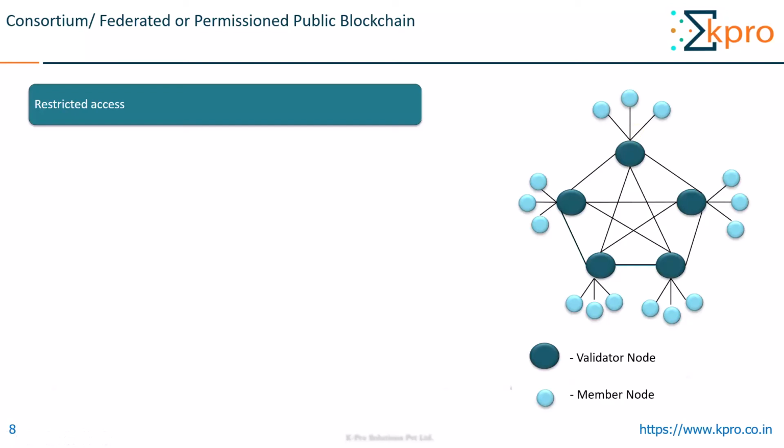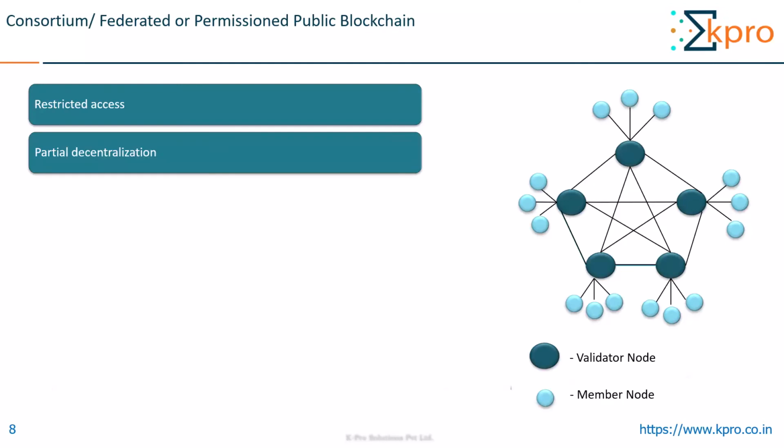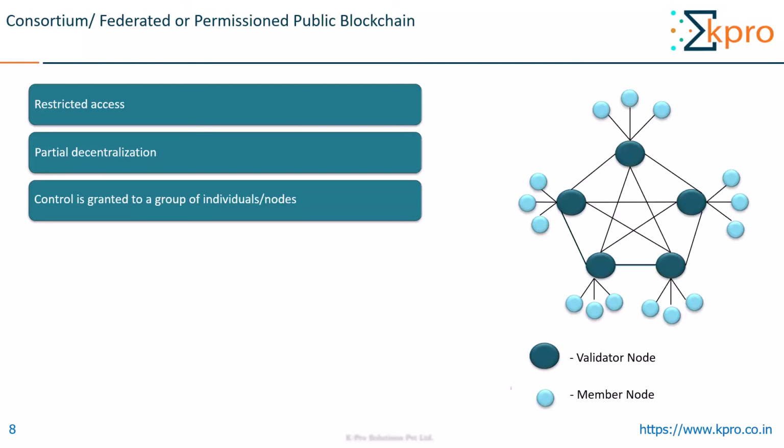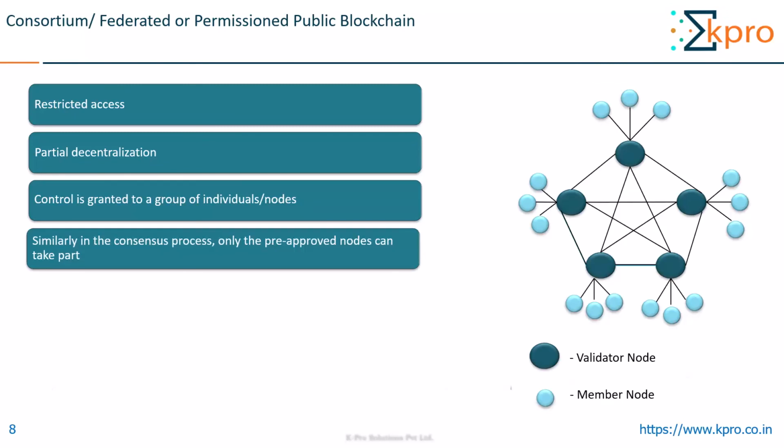Now since access is restricted here and control of the network is given to a few predetermined nodes, it is partially decentralized. Only these validator nodes can take part in the consensus process and validate the transactions.